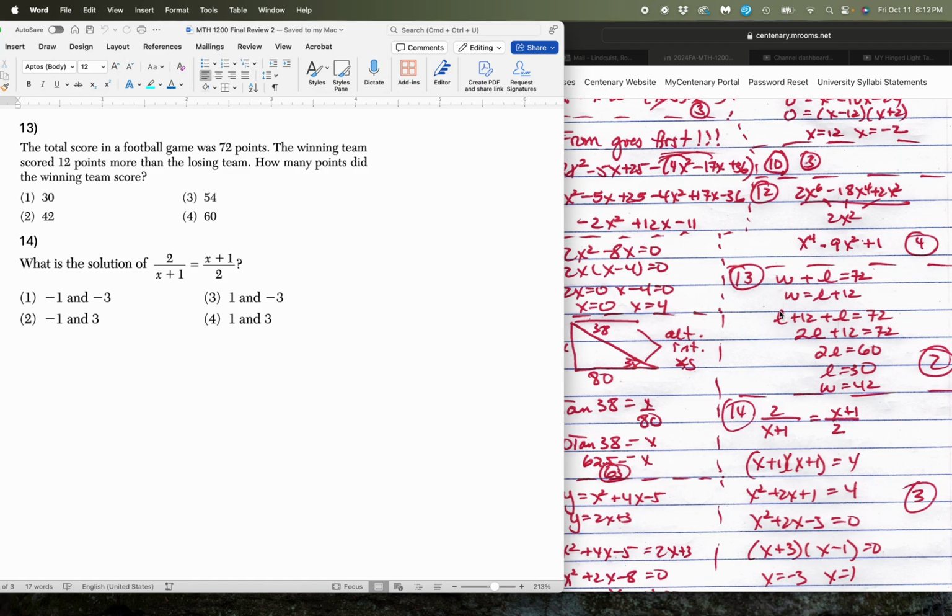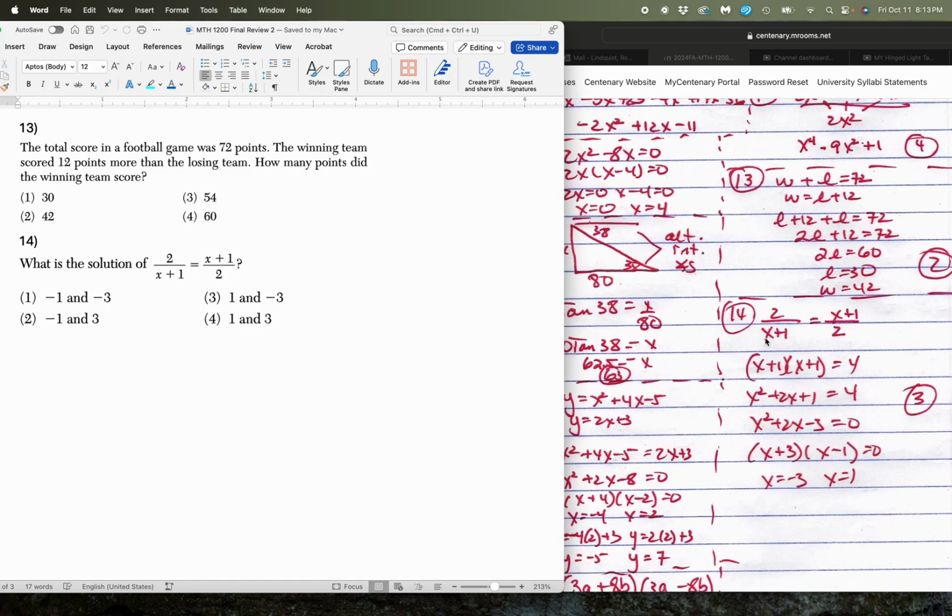Same side, same operation. One L and another L is 2 L's. Plus 12 is 72. Subtracting the 12, 2L is 60. L is 30. And the winners' score is 30 plus 12, or 42. This asks how many winning points. 42, choice 2.